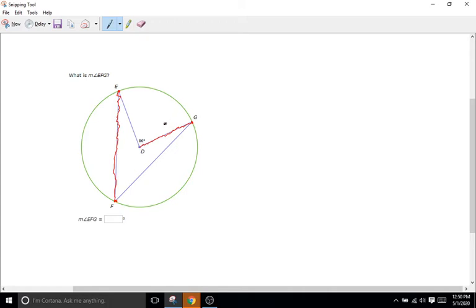The big thing to know about inscribed angles is that an inscribed angle is an angle between two chords, specifically two chords. When we look at this problem, we really only have two chords, EF and GF. These two lines right here.